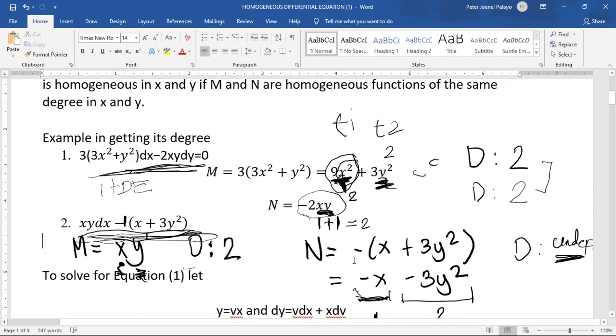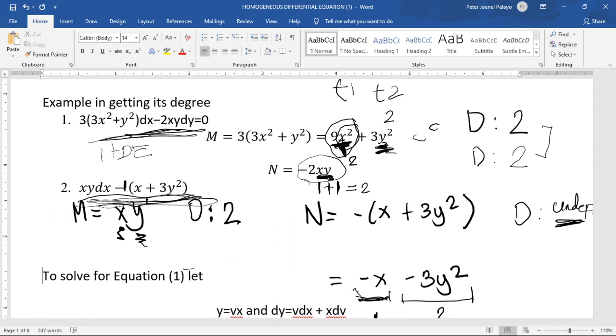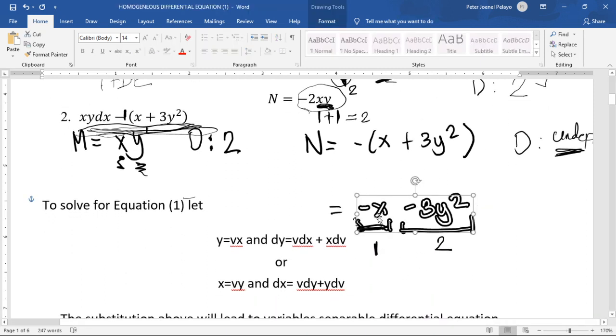And syempre, dun sa, for example, itong n, parehas din yung per term. So, kapag 3 terms yan, dapat 2 degree lahat ng term para masabing degree 2 si n. Pero in this instance, ang n natin ay undefined yung degree.